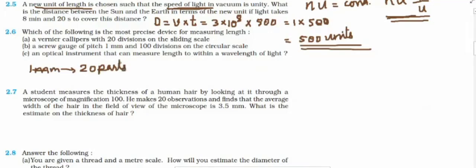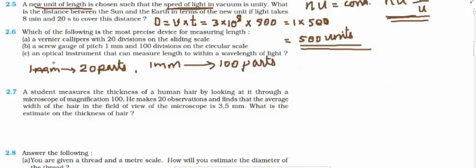Then a screw gauge of pitch 1 millimeter and 100 divisions on the circular scale, which means 1 millimeter is divided into 100 parts.